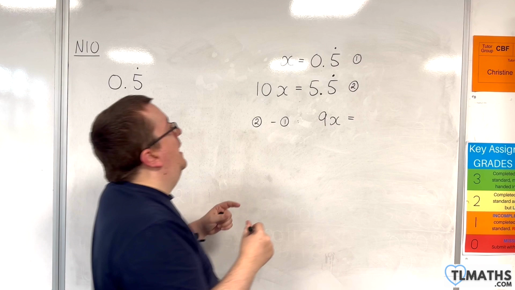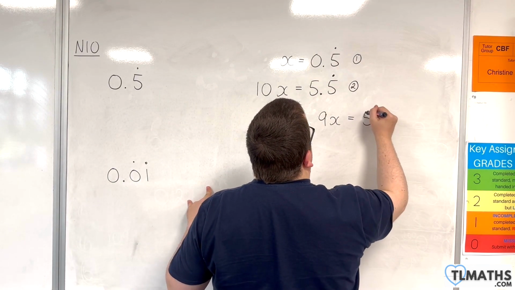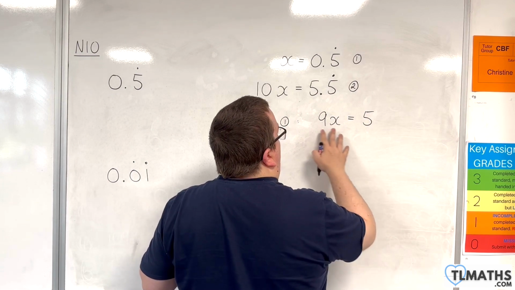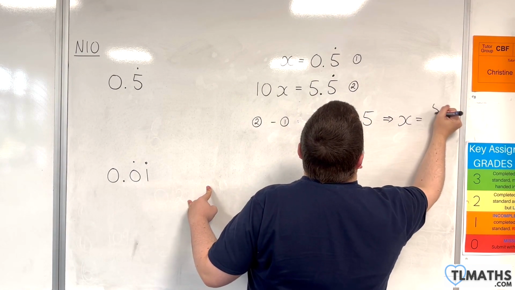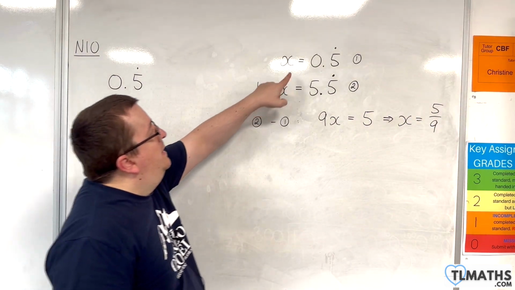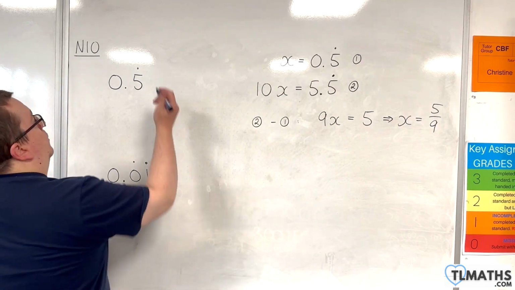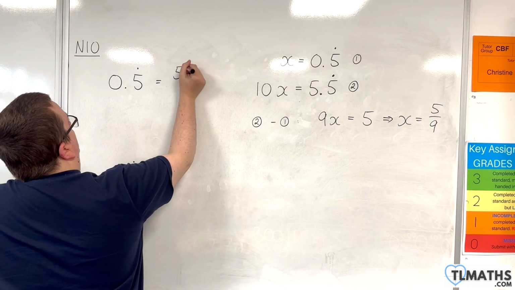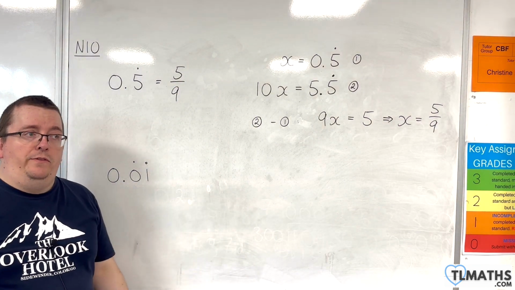They're gone. And I'll get left with 5 take away 0, so just 5. So then I can divide through by 9, and so x is 5 over 9. So that tells me that 5/9 is the same as 0.5 recurring, or vice versa. So 0.5 recurring is 5/9.